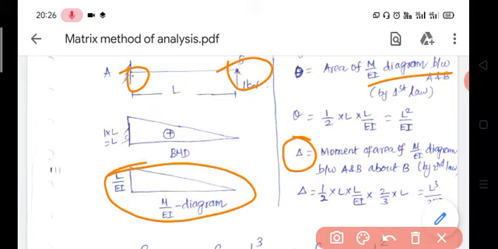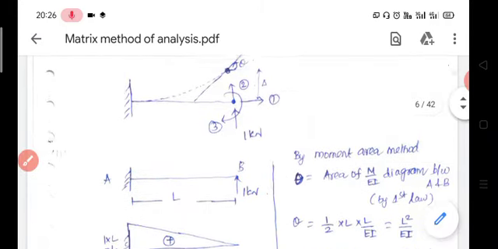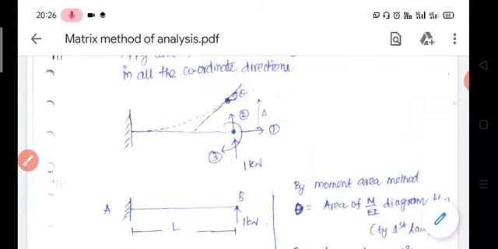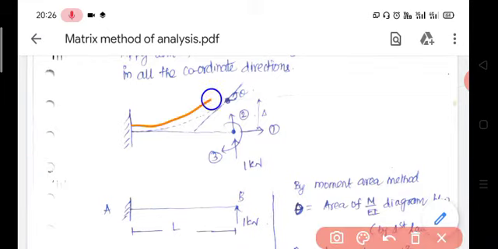Then the displacement at the free end, delta. The vertical intercept between any two tangents is equal to the moment of area of the M by EI diagram between A and B about B, by the second theorem. So this is the deflected curve.